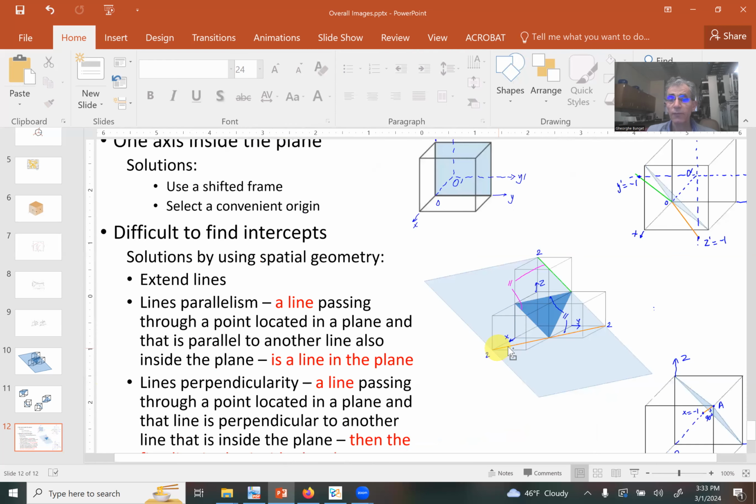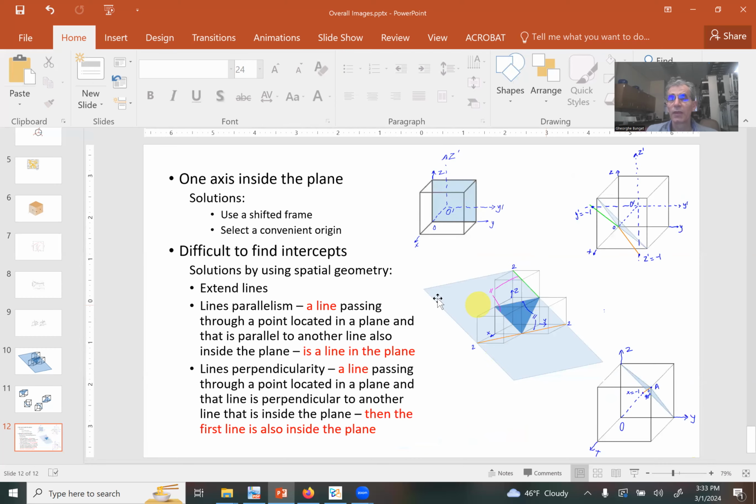So the Miller indices will be 2, 2, 2. But because 2 is a common factor, you can pull it in front of the parentheses, and the Miller indices will be 2 times 1, 1, 1. So 1, 1, 1 are also Miller indices for this plane.